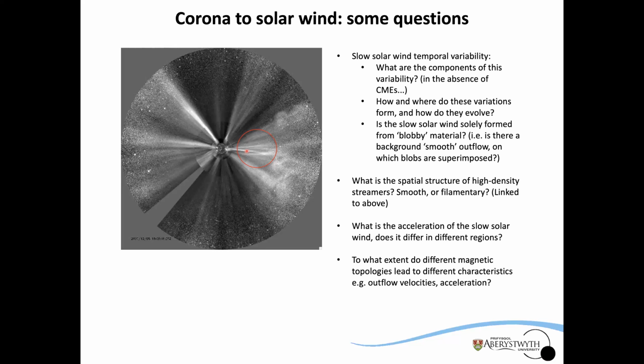So this is a rather open question. And the last point I raise here, to what extent do different magnetic topologies, pseudo-streamers, streamers, etc., lead to different characteristics of outflow velocities, acceleration, composition, etc.